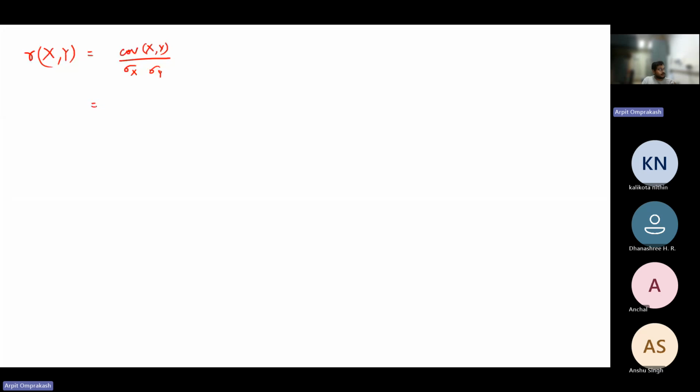If we write it out, we'll basically get the summation of (xi minus x bar) into (yi minus y bar), divided by n minus 1. So this is the covariance of x and y.